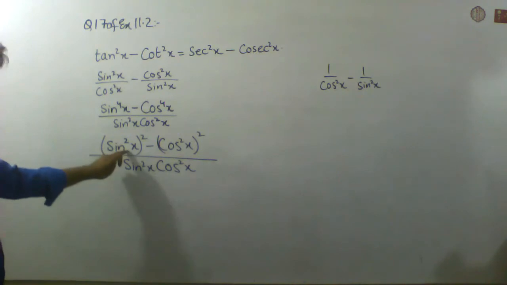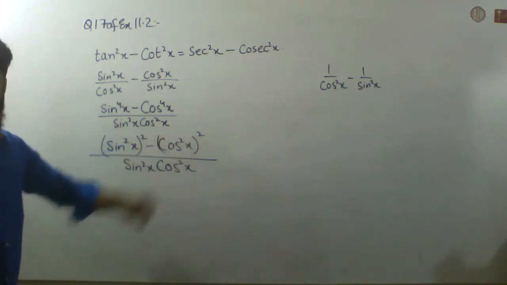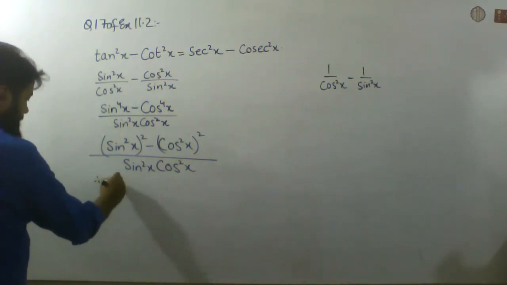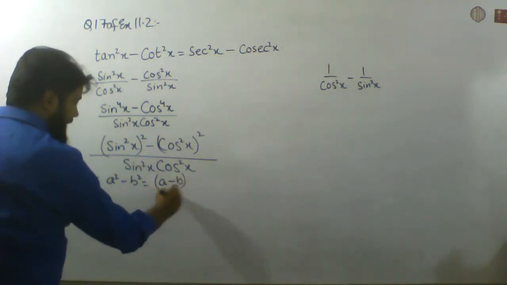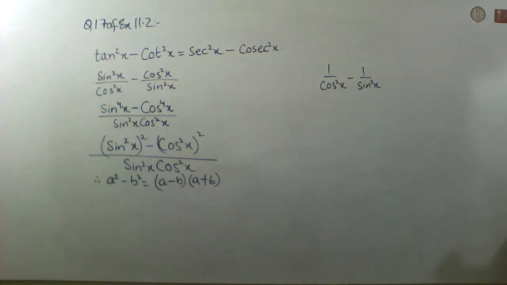Now this can be taken as a square minus b square, and we know that a square minus b square equals a minus b times a plus b.